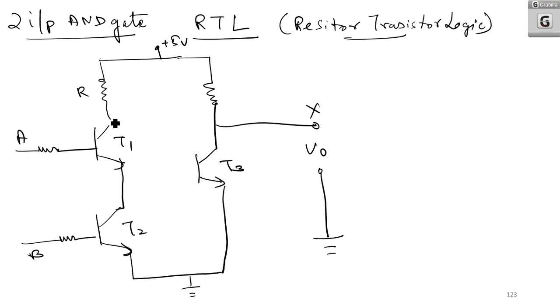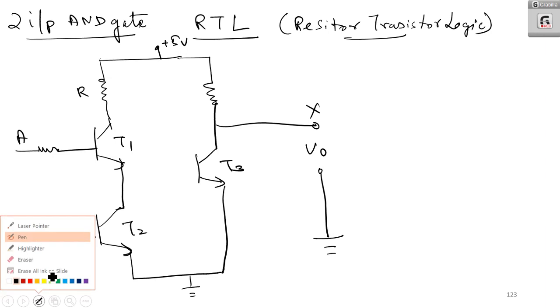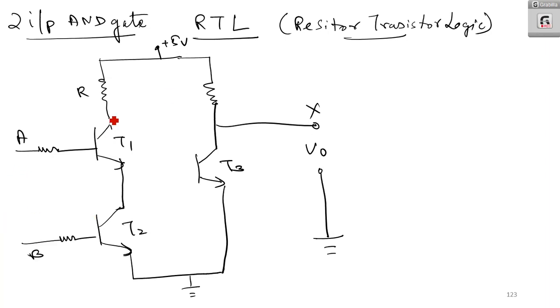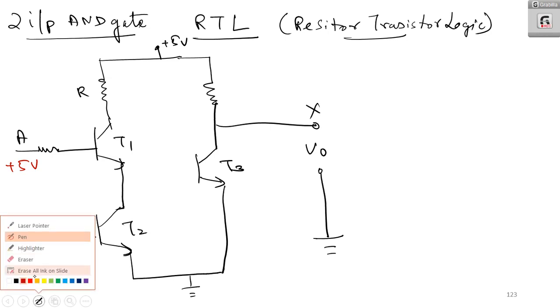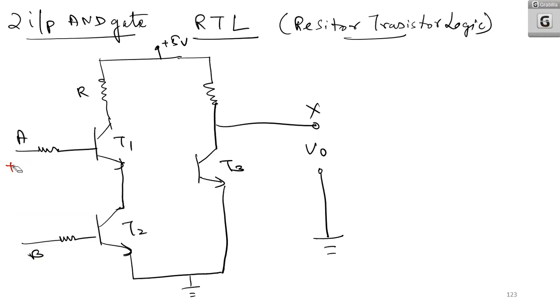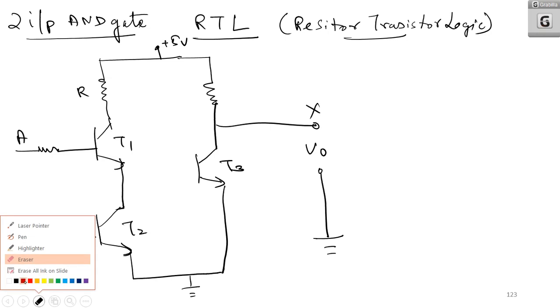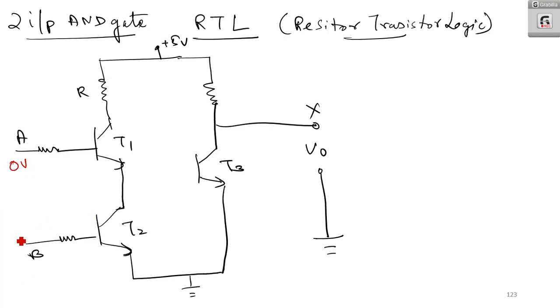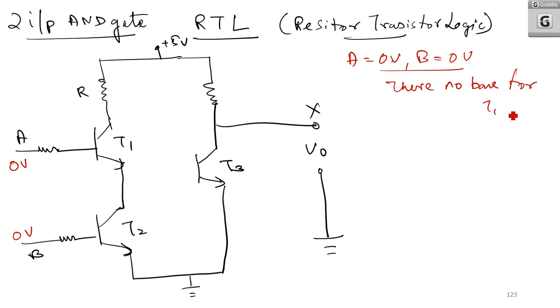So in this case what happens? We start from 0 volt and then it will be easy. When A is 0 volt and B is 0 volt, what happens? There is no gate pulse, so there is no base current for T1 and T2.